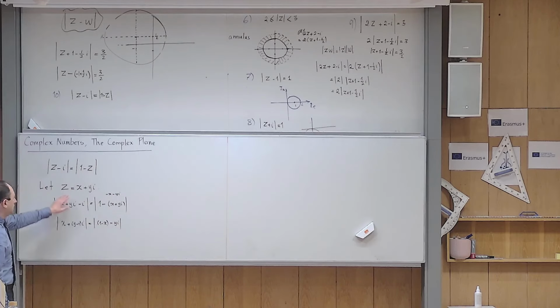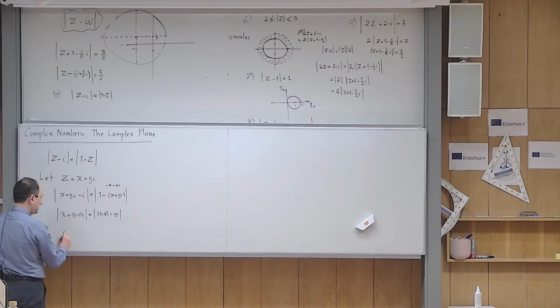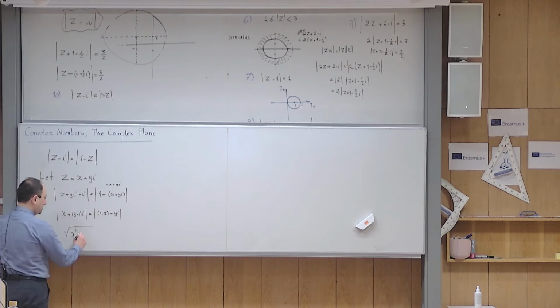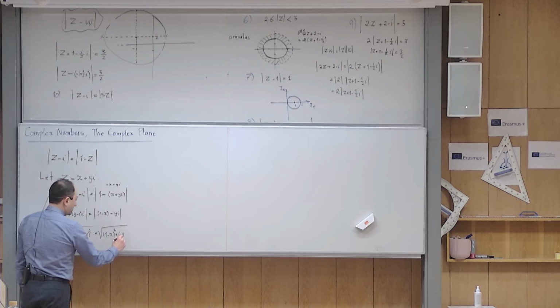So what I did, I assumed that this is the case, I put it in my equation, I try to make them standard so that I can use the formula for the absolute value. So what's the formula for the absolute value? It's the square root of the real part squared plus the imaginary part squared. Yes? And then equals the same story here. The real part squared, the imaginary part squared.